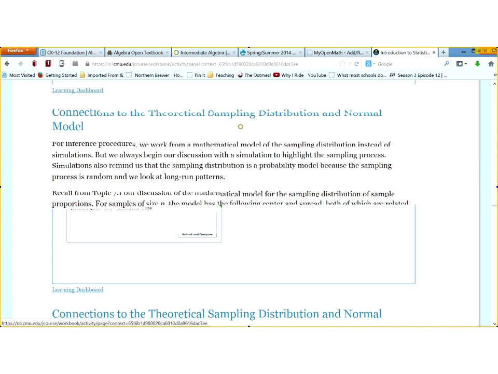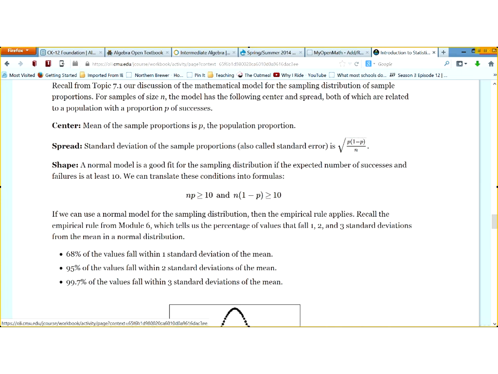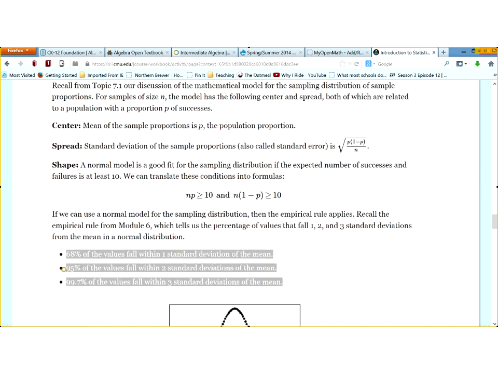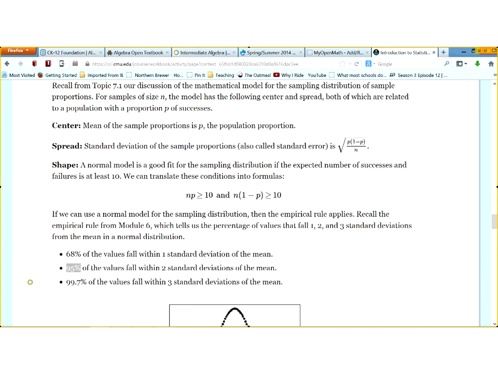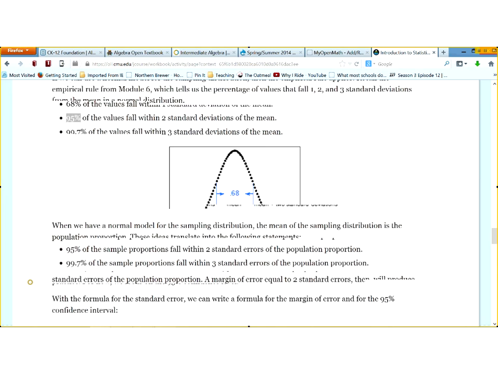So here's the empirical rule right here. I don't know if I did great this time, but there's the 95% right there. So 2 standard deviations, or 2 standard errors in this case. That's the connection.